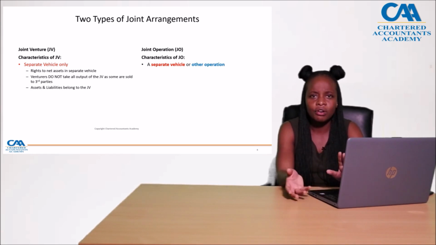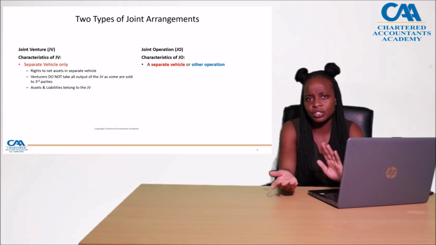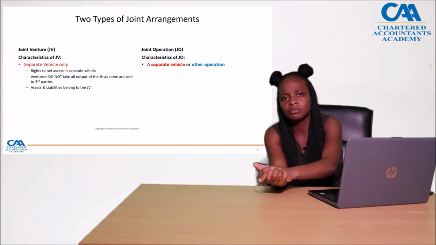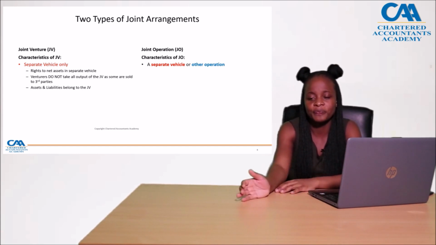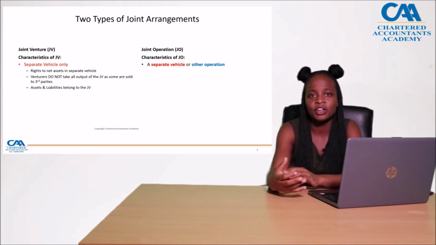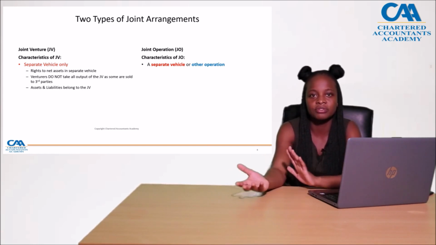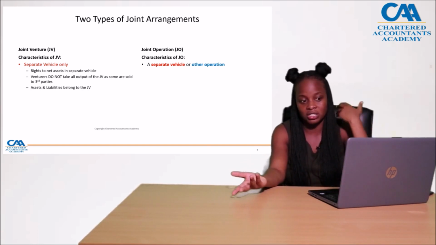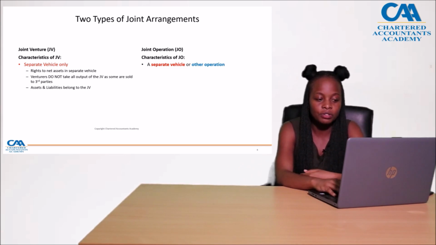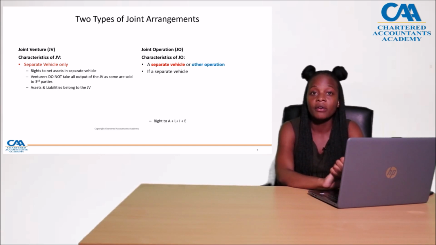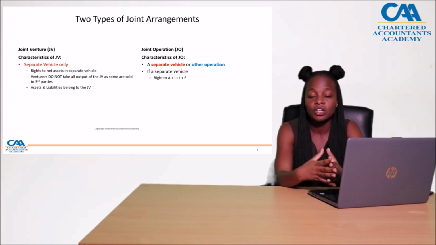Just to jump back a little, what is a separate vehicle? I'm sure if you did your commercial law undergrad, you got to a point where you spoke about being structured through a different entity, stipulated as a different entity and registered. With a joint operation that is structured through a separate vehicle, you need to consider what the rights and obligations are.